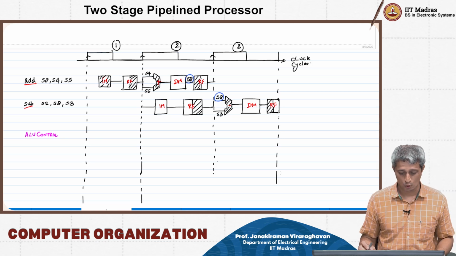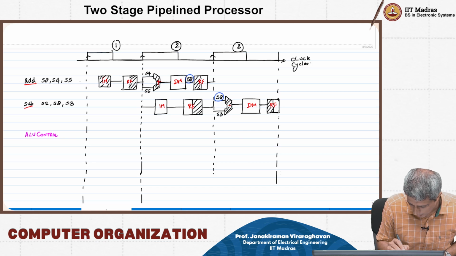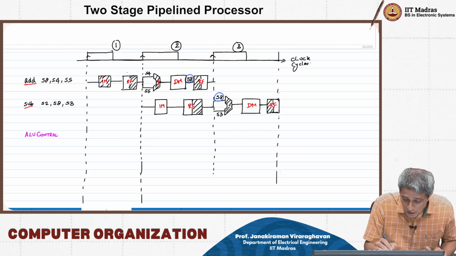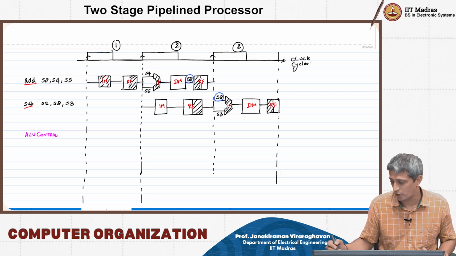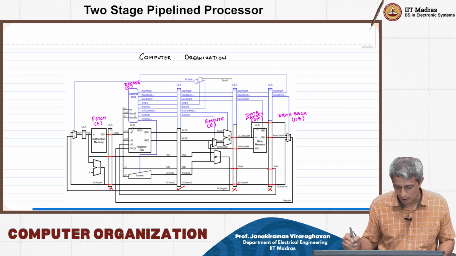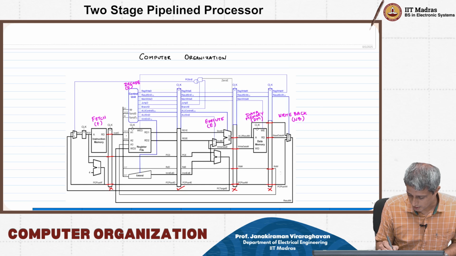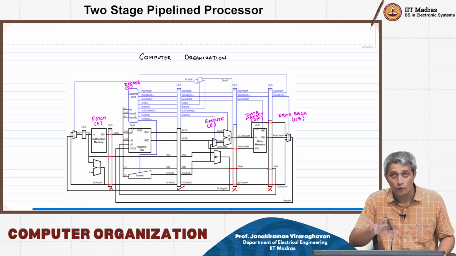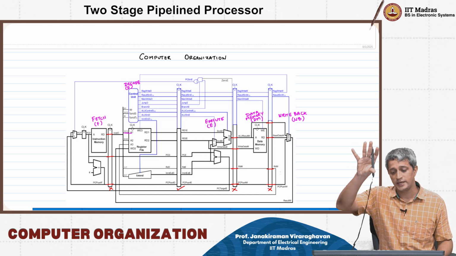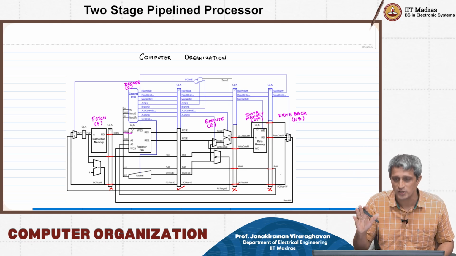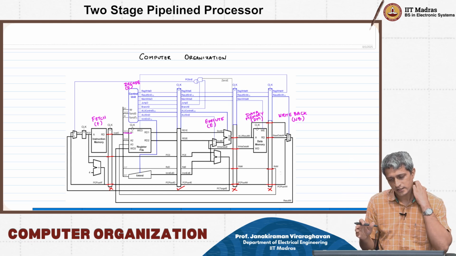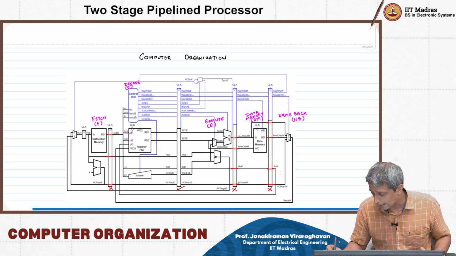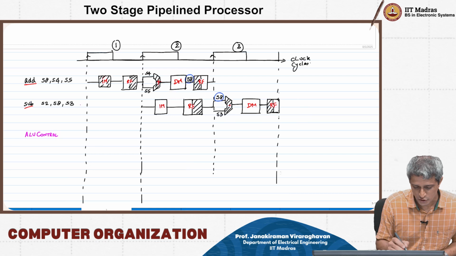The ALU control has been decoded in parallel to this register file operation. If you look at the block diagram here, while this instruction has gone into this register file for its decoding, the control unit is decoding the exact same instruction, and it is figuring out that the ALU control is trying to do an addition operation.